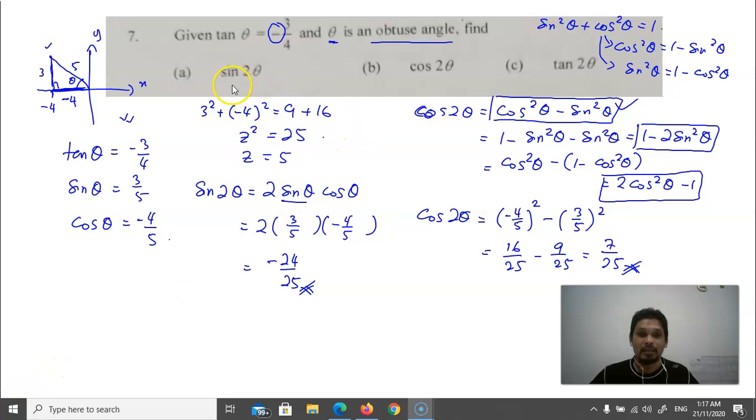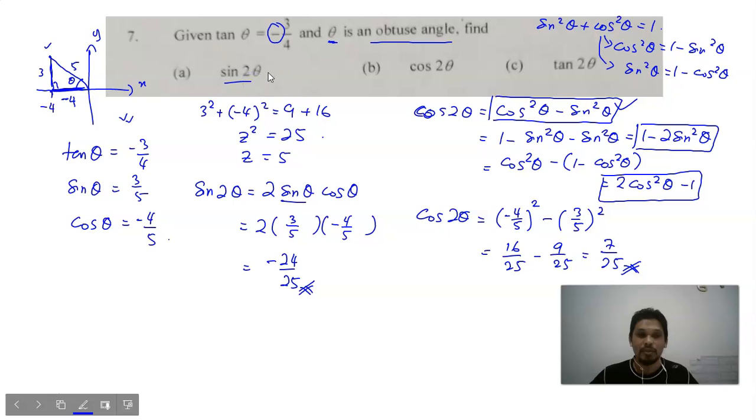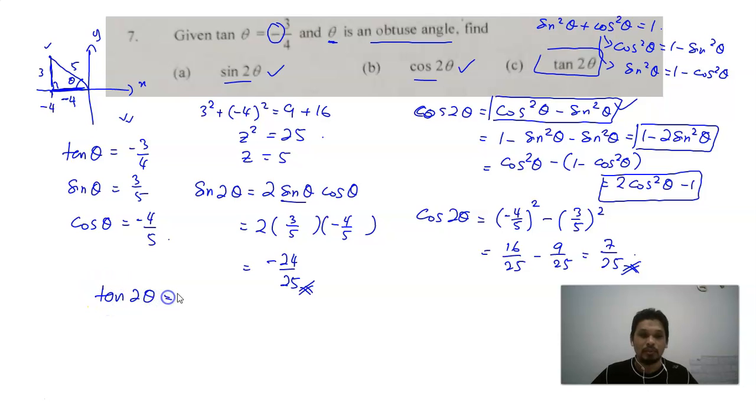Okay, I already solved question 7a. For 7b, let's take a look at tangent 2 theta. Tangent 2 theta equals 2 tangent theta divided by 1 minus tangent square theta.